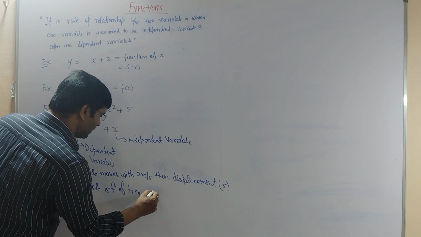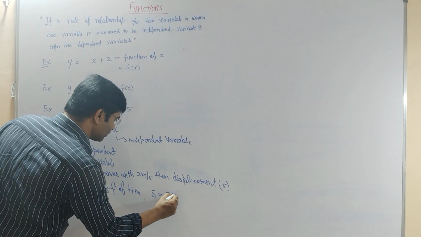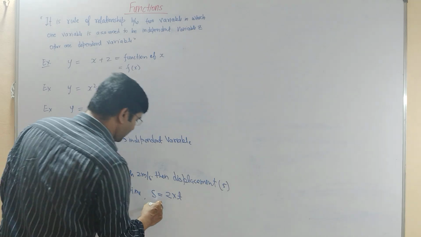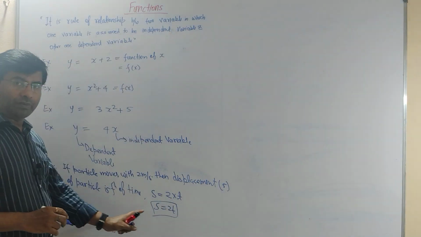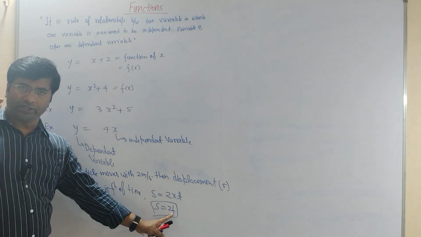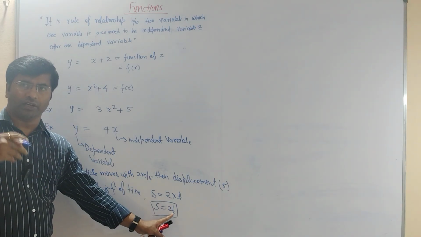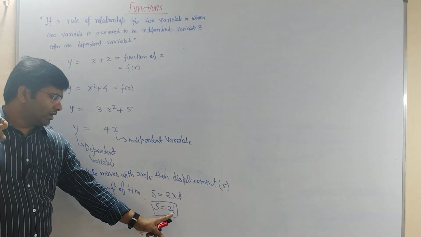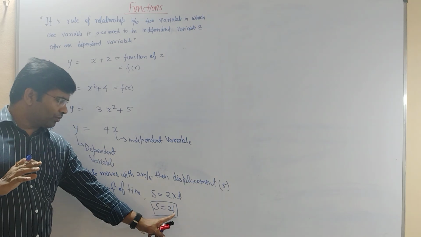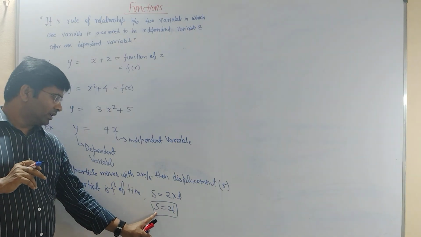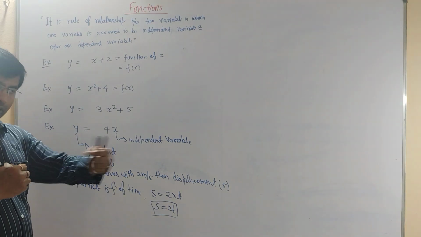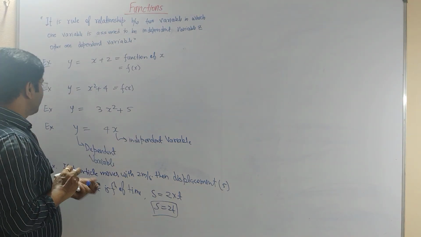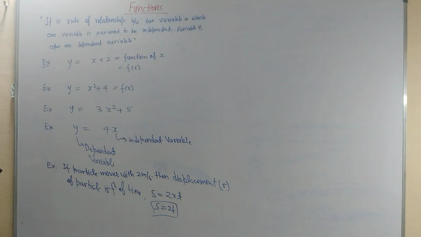We can write s equals 2 meters times time t, so it is like s equals 2t. So displacement is a function of time, that means time can be anything, 1 second, 2 seconds, 10 minutes, 15 minutes, 20 minutes. You put in any time t, and this s will be calculated, that is, how much displacement the particle has. So this is how function is defined.